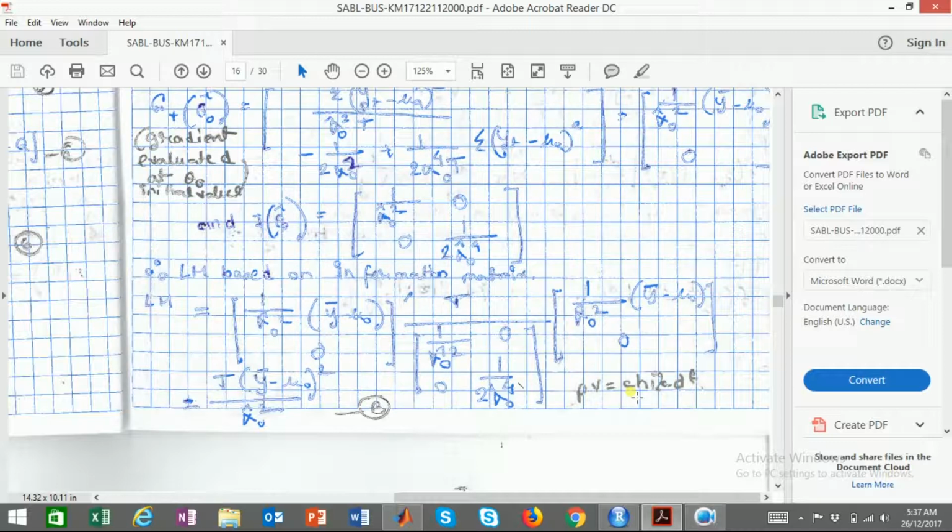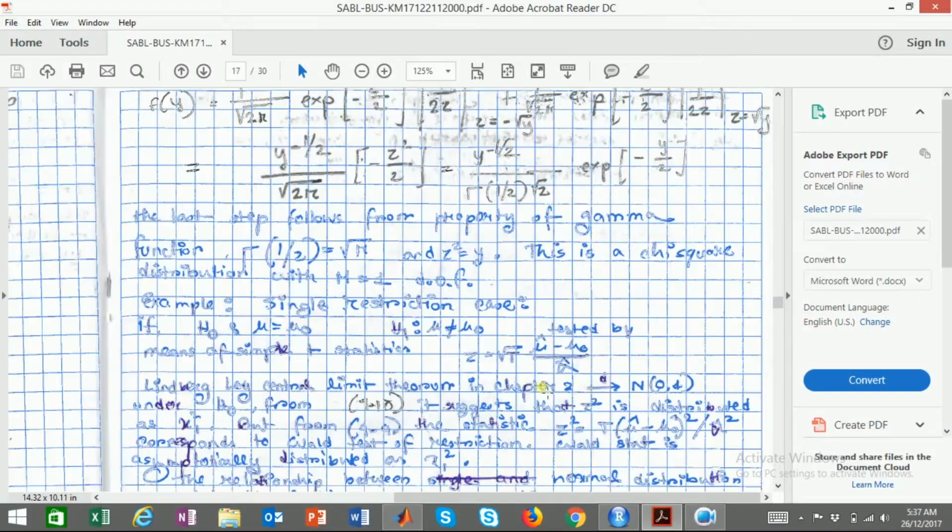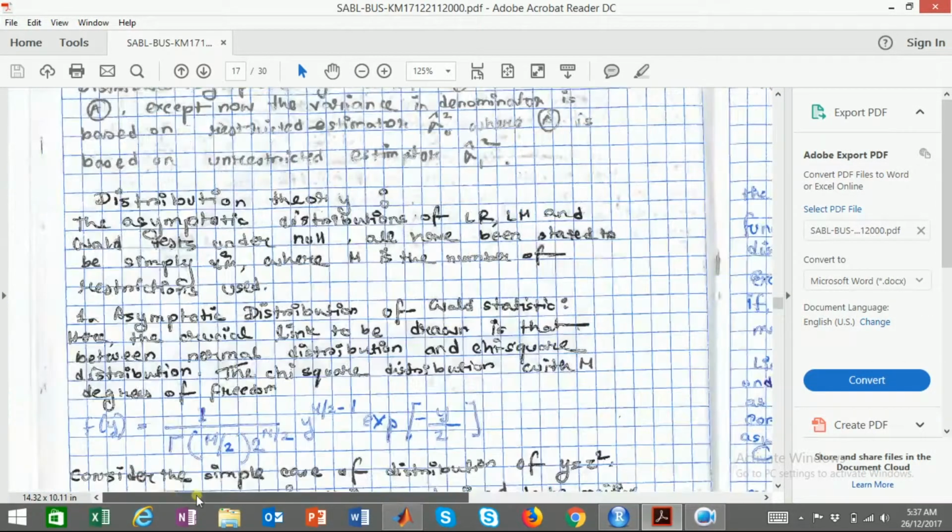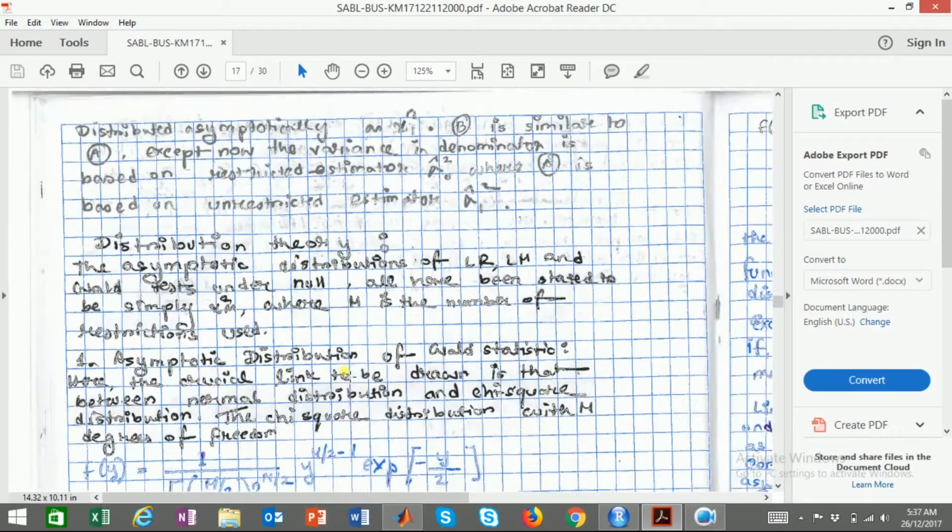And then the next part is, yeah, chi-square distribution. Now the previous equation for normal distribution is distributed asymptotically as chi-square distribution.